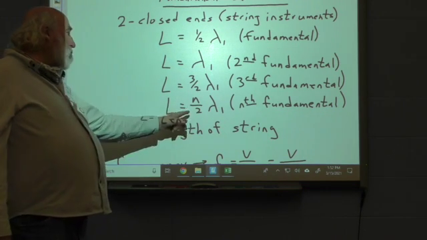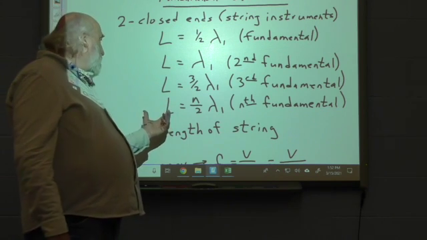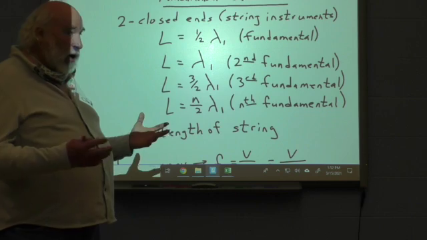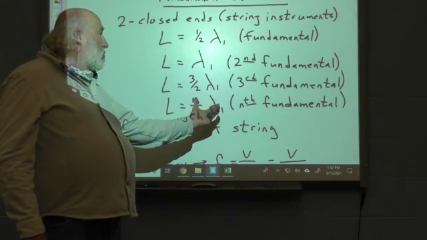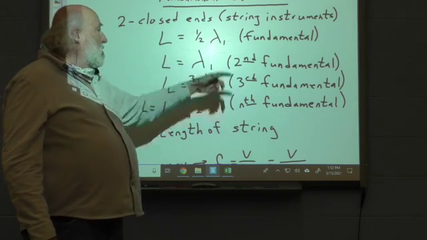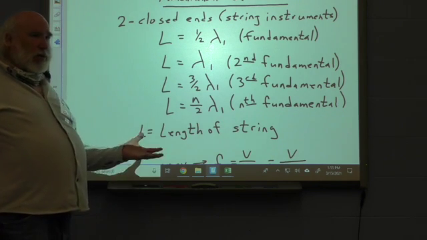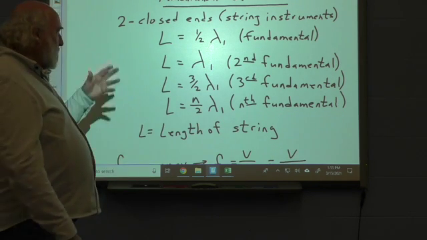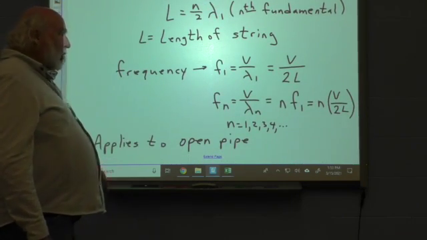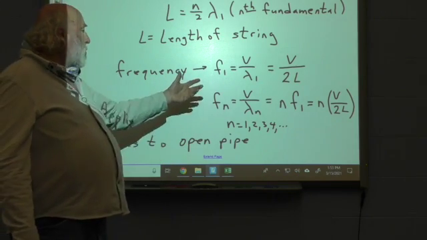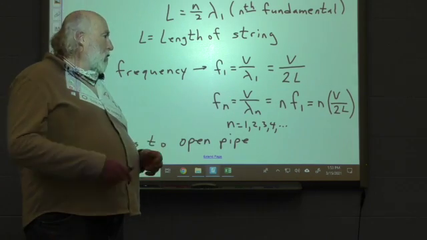So the mathematical formula for that is that the length of the string, or the pipe in the case of the pipe, is going to be n over 2 times the fundamental wavelength, lambda sub 1, also known as the fundamental frequency when we find the frequency based upon that. We know that frequency can be calculated by taking velocity over the wavelength.